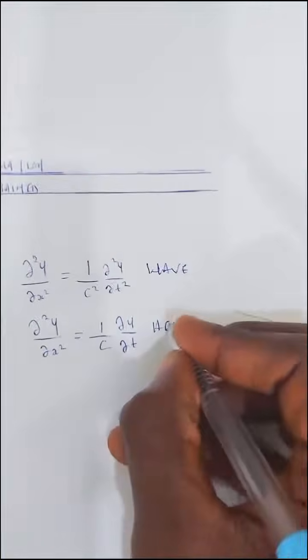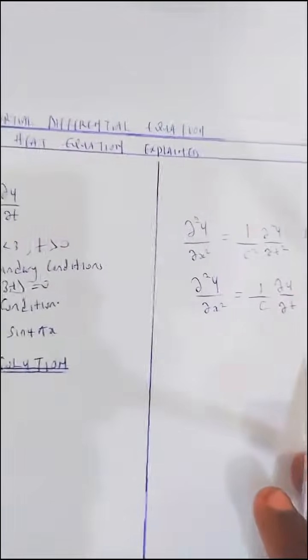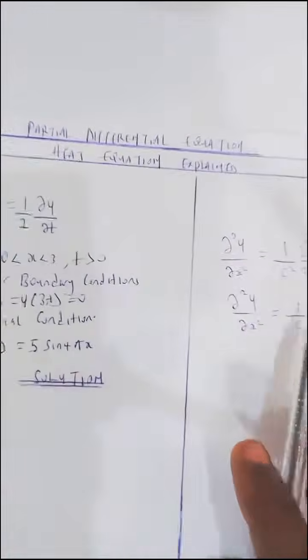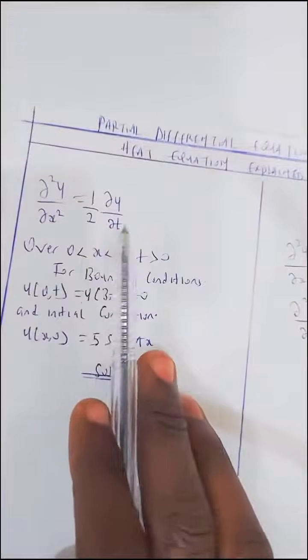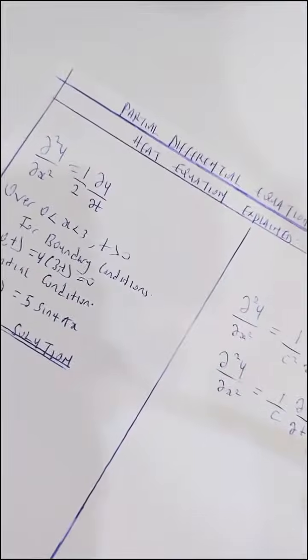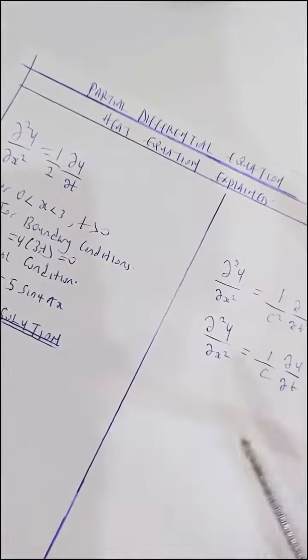So this is the difference between the wave equation and the heat equation. Comparing the general heat equation with the given question, you would see that this is under the heat equation. So this is how you identify your heat equation and your wave equation if it is not stated.